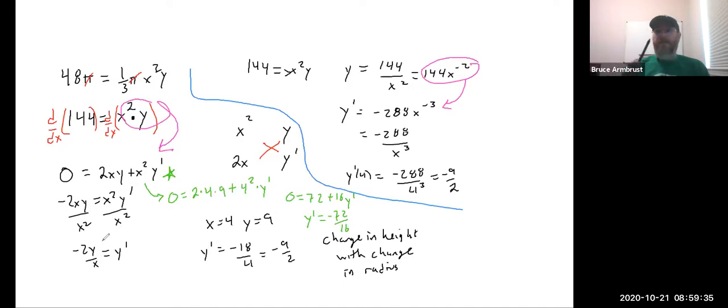Because like if it says find an equation for dy dx, or you're not given a point and it just says find dy dx, then that would be our answer, right? This would be our dy dx is minus 2y over x. Because you're not always given a point.